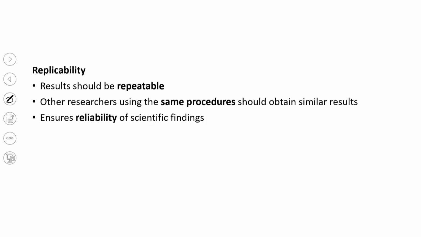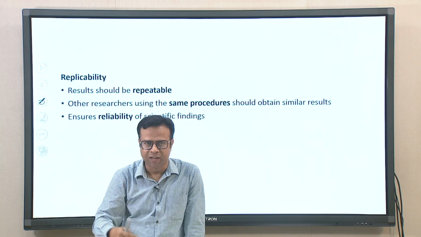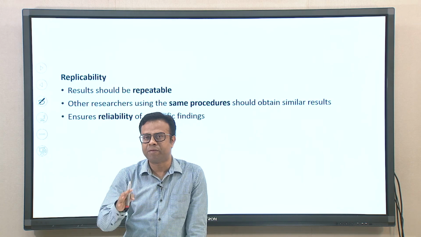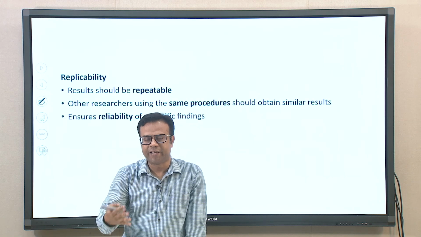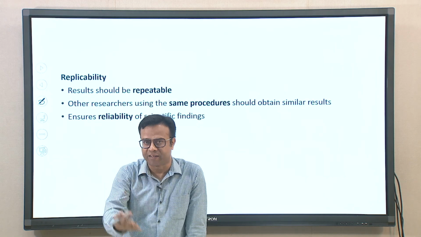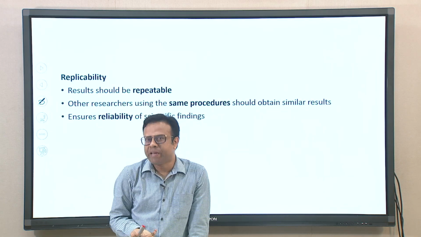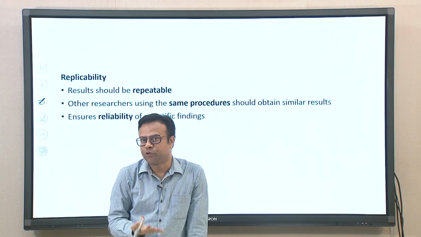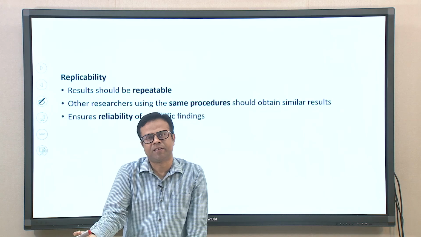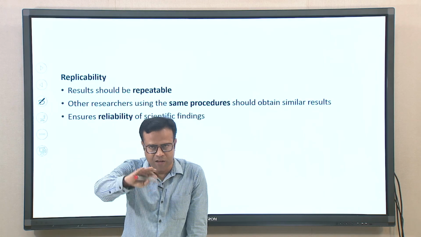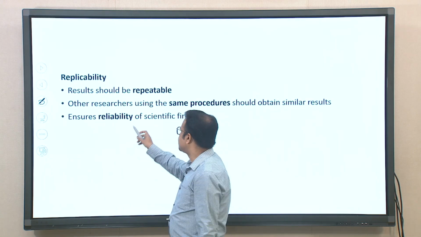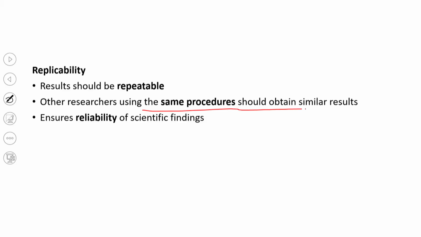When many other people follow the same process and they also find the same result, then we can say it is a replicable result, and we can be confident that there is a truth in this finding, because one person can make mistakes, but 10, 20 people doing the same thing and finding the same thing, then we are more confident. Other researchers using the same procedure should also obtain similar results, then only it is replicable. It ensures reliability of scientific findings.